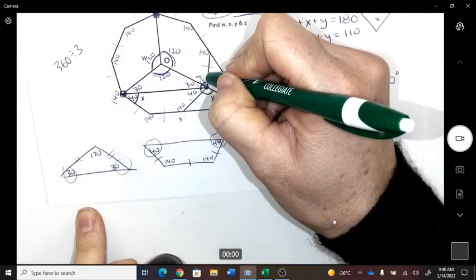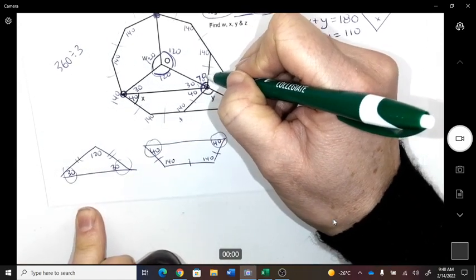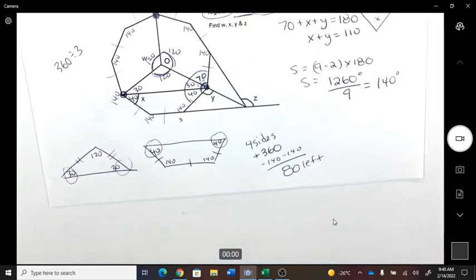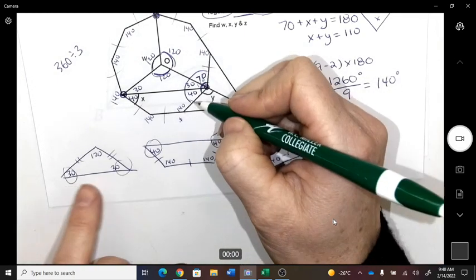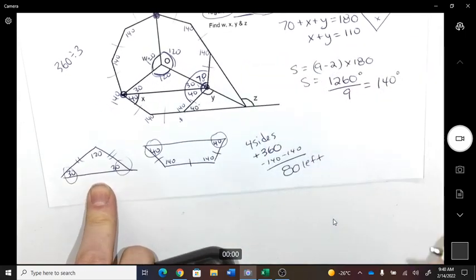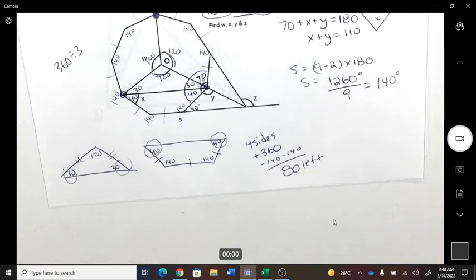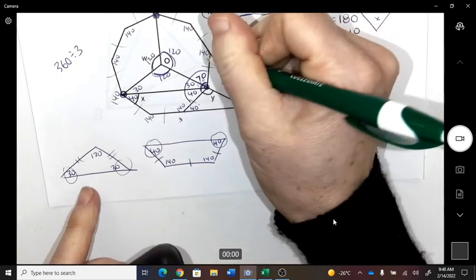So this should be 70 right there, because all of those will have to make 140. I can see that this one is 40. This one is also 40 here.